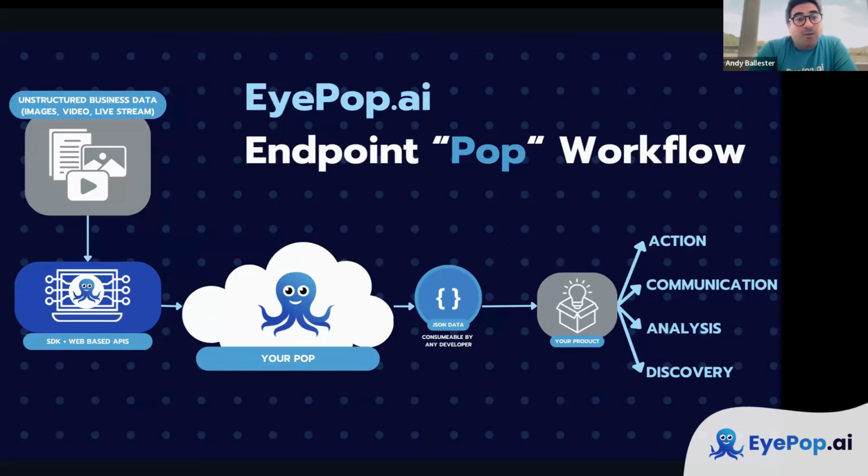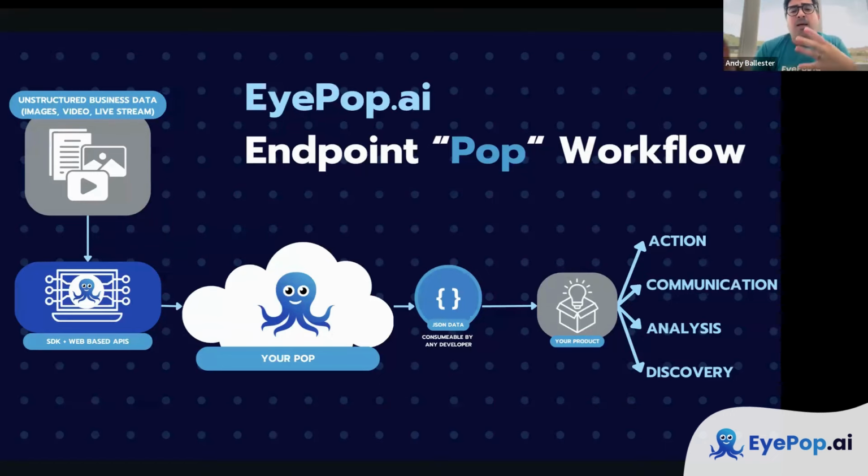That gets passed to our system via SDKs. We have great SDKs for React, React Native, and Python. You can also use our web APIs to build us into any systems. That flows into your AI worker server. That's your POP. That's that computer vision recipe running on a server that's capable of running these AI models.